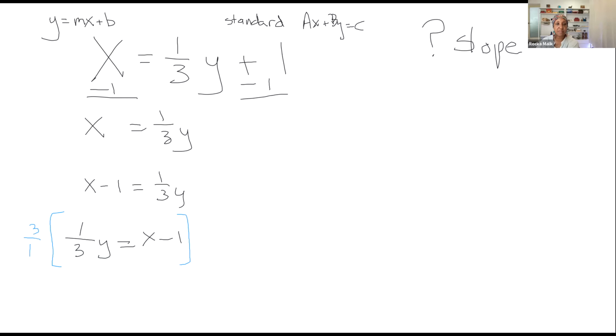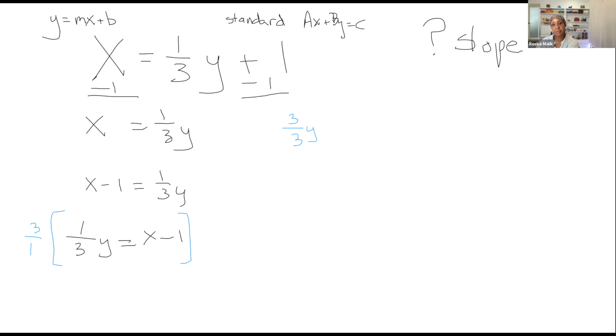So I'll do 3 times 1 is 3. 1 times 3 is 3. And my y stays there. Equals 3 times x and 3 times -1. So now 3 will go into 3 one time.